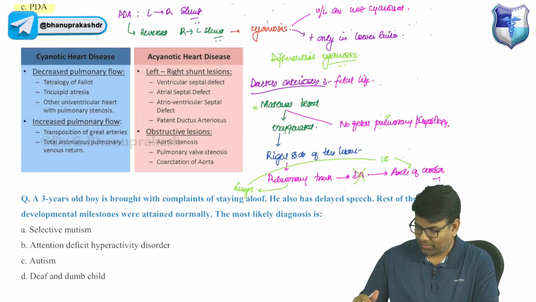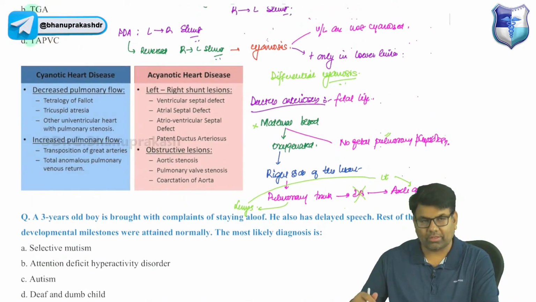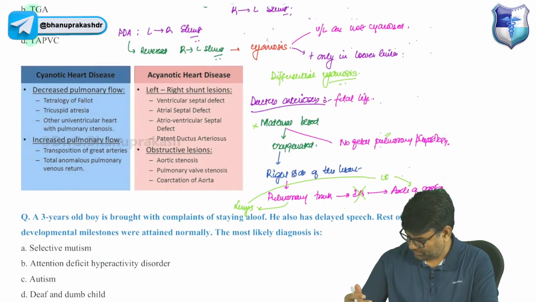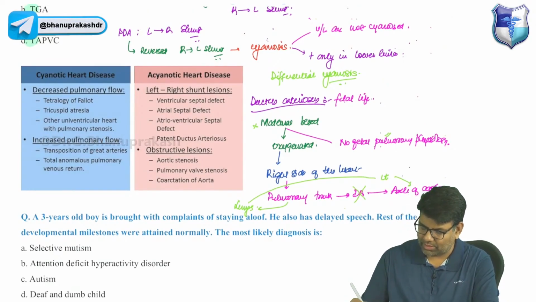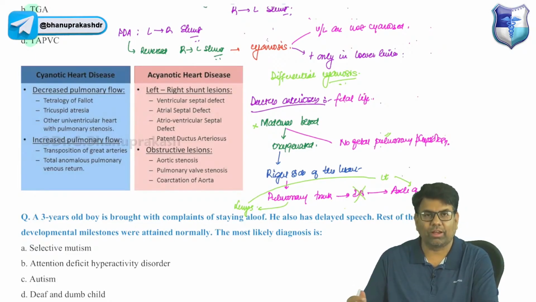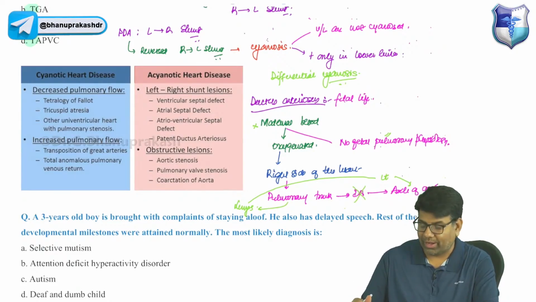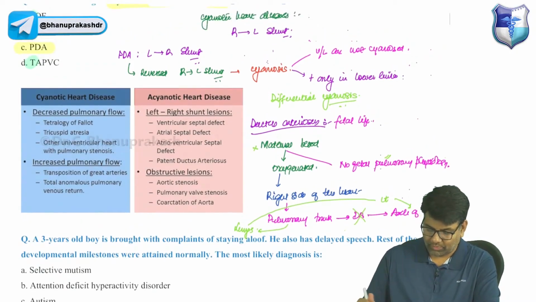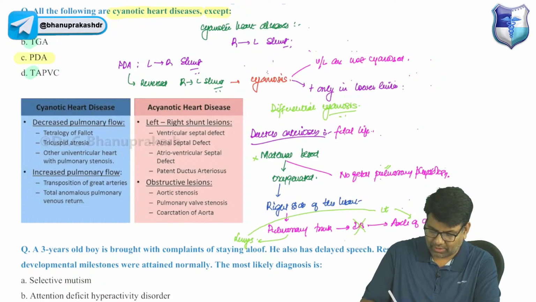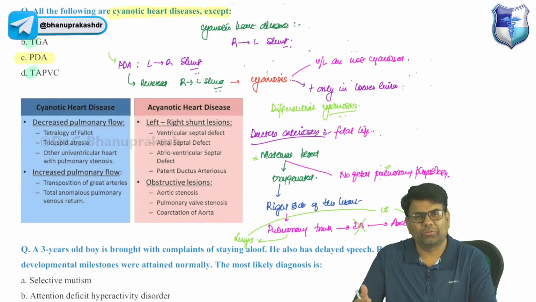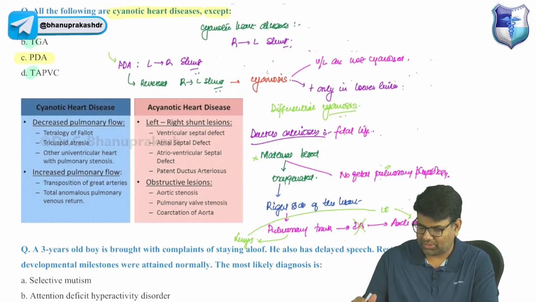Now, in some babies, it fails to close, and then it is known as patent ductus arteriosus, especially in those having congenital rubella. So if this ductus arteriosus remains patent, the entity is known as patent ductus arteriosus, right?